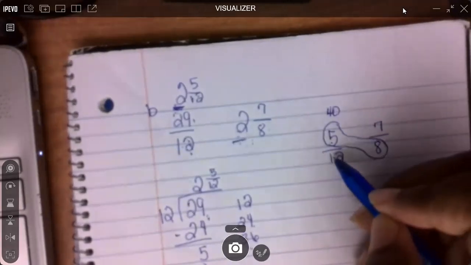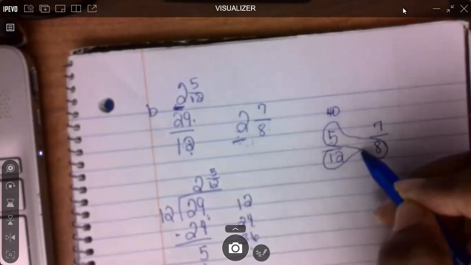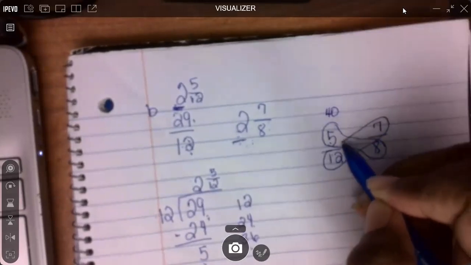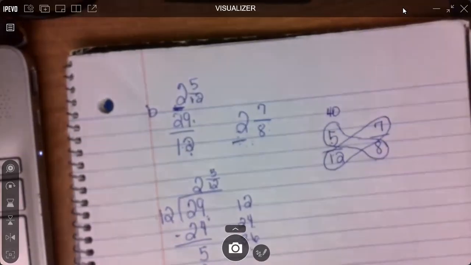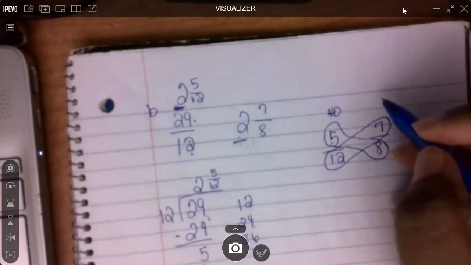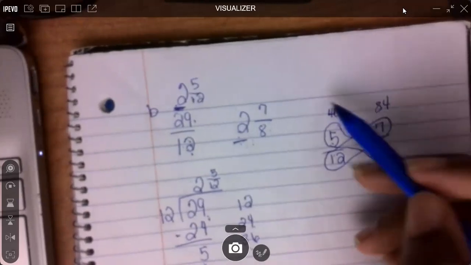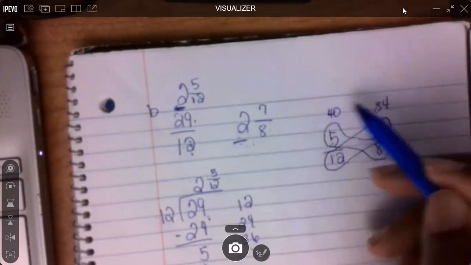Then I'm going to take the denominator of my first fraction and circle it with the numerator of my second fraction, and I'm going to multiply. 12 times 7, 84. Then I'm going to compare which one is greater, 40 or 84.